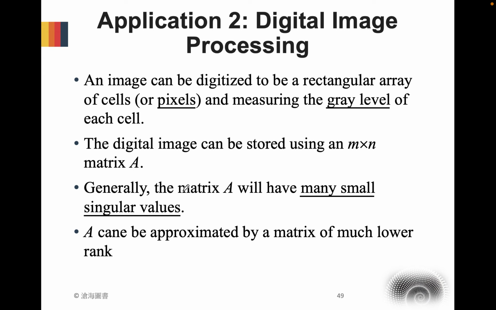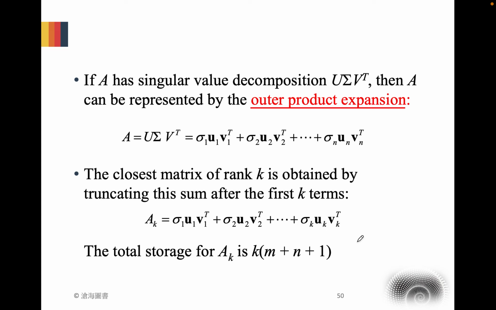So generally, the matrix A will have many small singular values. So A can be approximated by a matrix of much lower rank. So here we can write the matrix A as an outer product expansion, and the closest matrix of the rank K is obtained by truncating the sum after the first K terms.